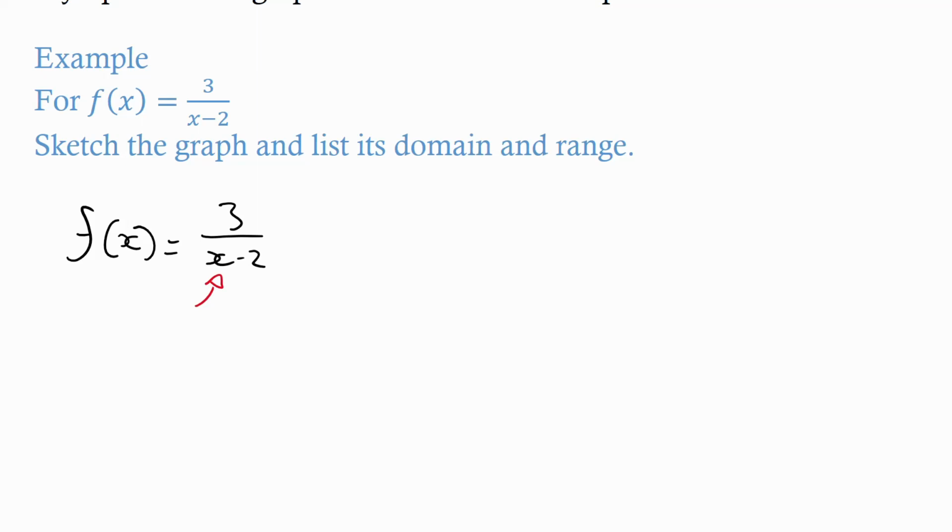Now I know it's the denominator, and I know the denominator of a fraction cannot equal 0. So at this point, I can just start to rearrange this. So plus 2, plus 2. So I know that x cannot equal 2. So I know that's my asymptote. Now, because there's no other things going on at the top here, my y asymptote is going to be the y-axis.